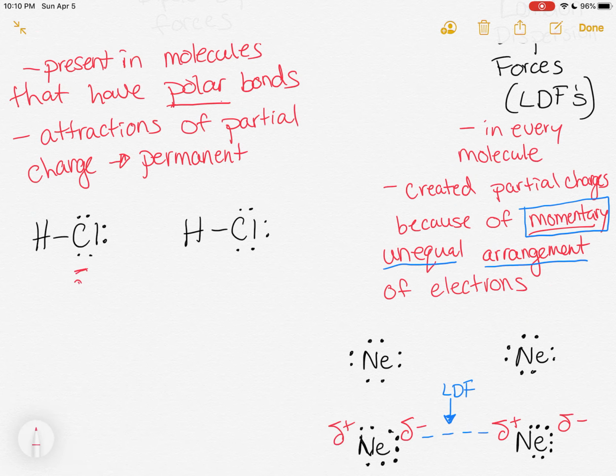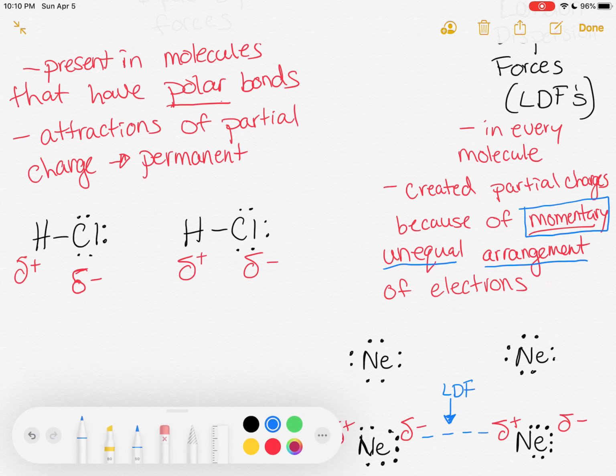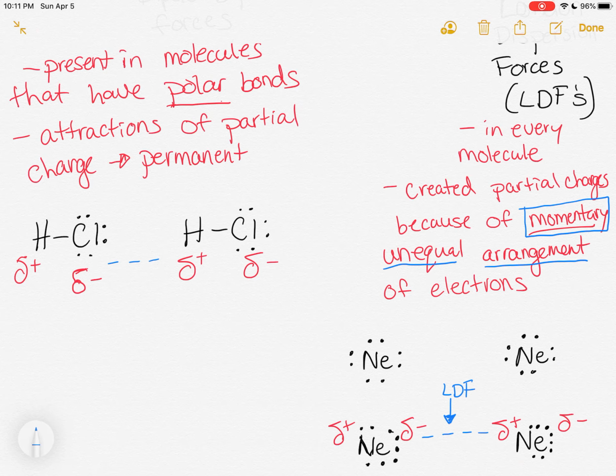So our chlorine is partially negative and our hydrogen is partially positive. And then when we have a partially negative chlorine next to a partially positive hydrogen, we can have our attraction. And so that's going to be our dipole-dipole.